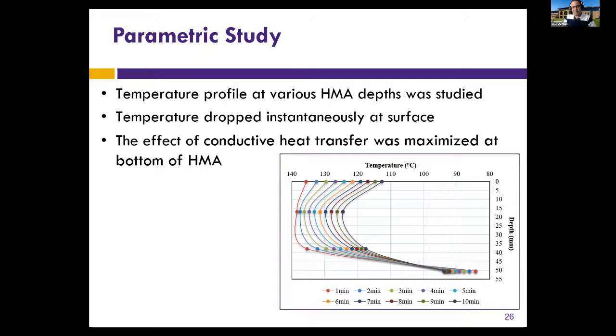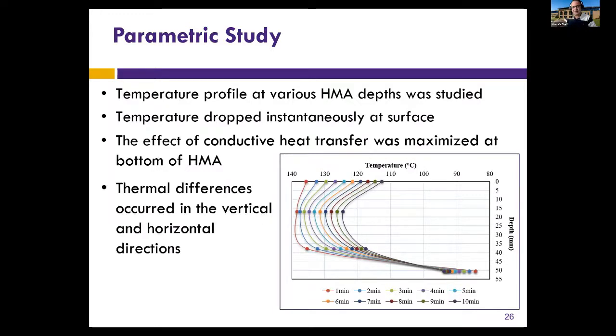So you can also see that, again, why do we get such a loss at the bottom? Because the concrete layer is not heated. And at the same time, you have a significant loss of temperature when the paving mat gets in contact with the concrete layer. And this loss is even more significant at the joint as compared to away from the joint.